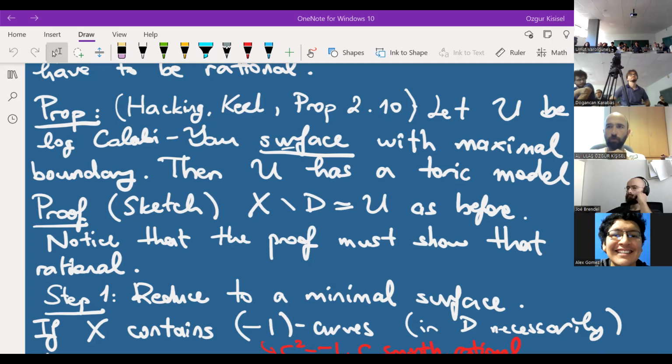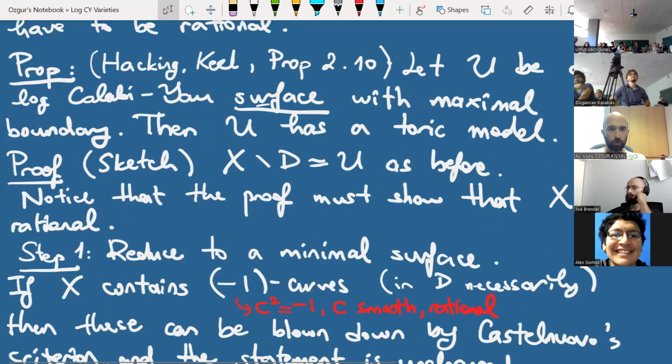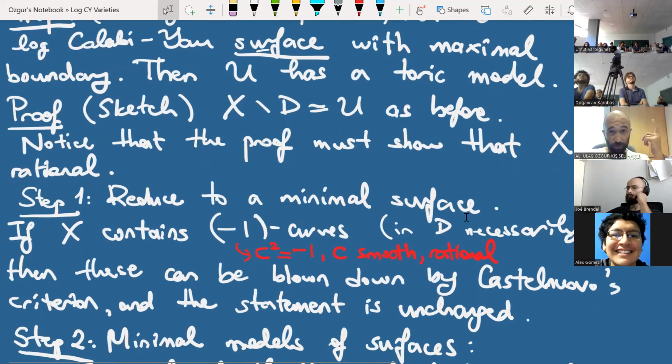Okay, so let's see. The proof somehow should show that X is rational, right? So we don't assume that at the outset. So this has to somehow come up. Now, step one, you could reduce to a minimal surface case. So what is a minimal surface?